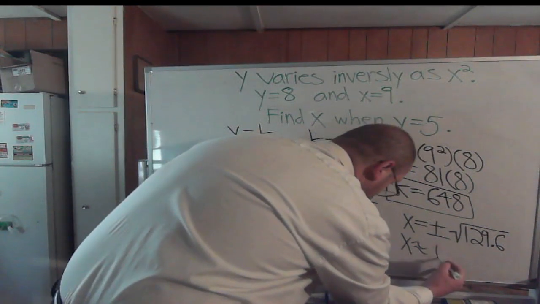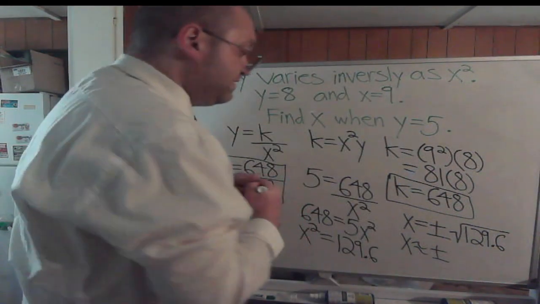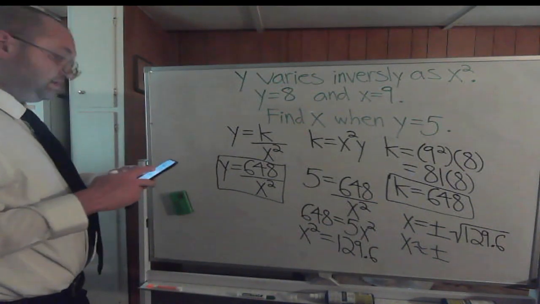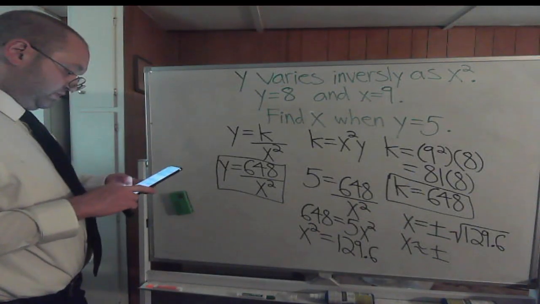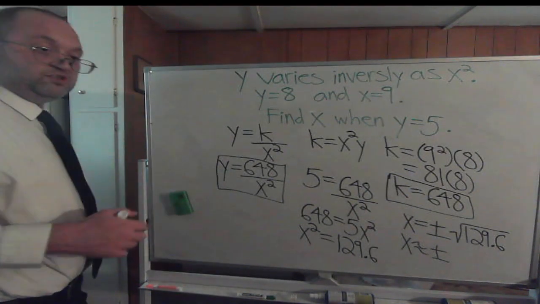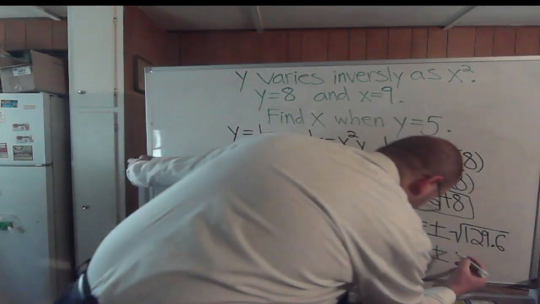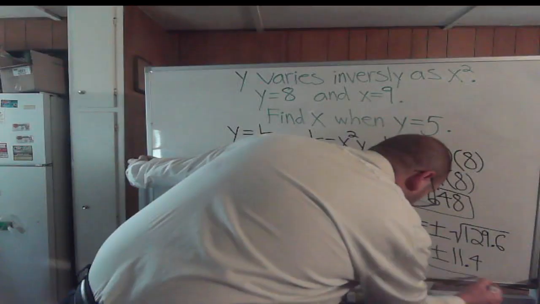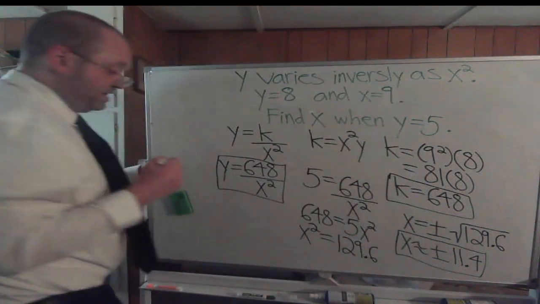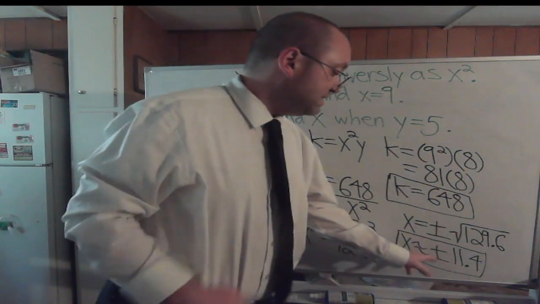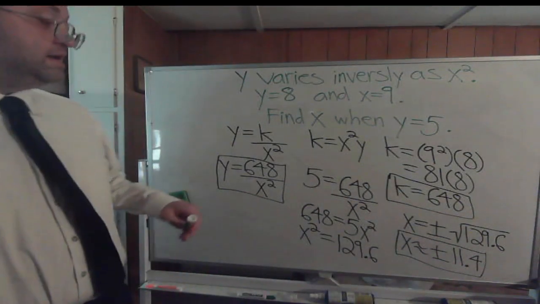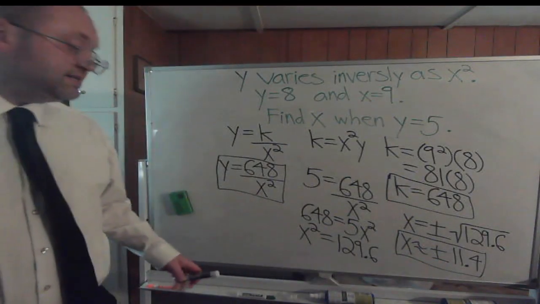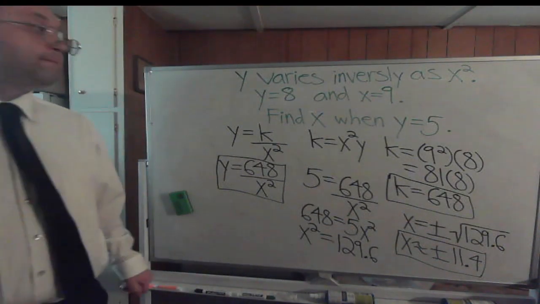The square root of 129.6 comes out to about 11.4. So when y equals 5, x is approximately equal to both plus and minus 11.4. Because x was initially to the second power, that's why we have two answers for x. X equals plus and minus 11.4.